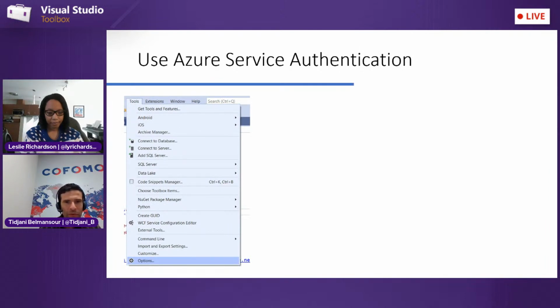Now, if you run the application on Azure, it will have access to this secret. But for me, running the application on my developer machine, how can I access this information?